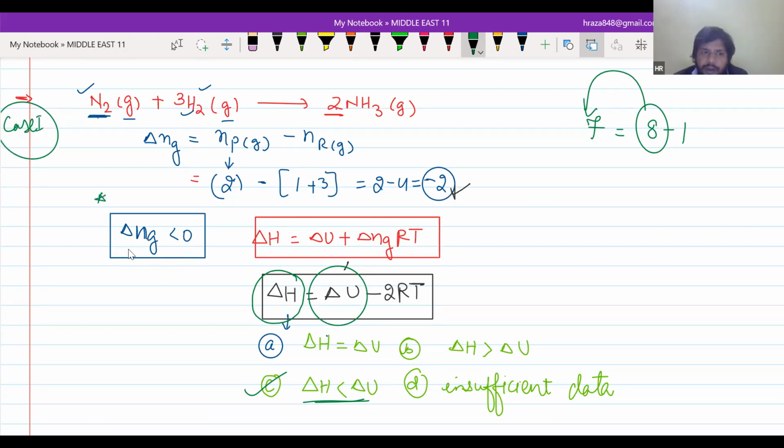Then this will always be true. When delta Ng is less than 0, then delta H will be less than delta U. This will be true.